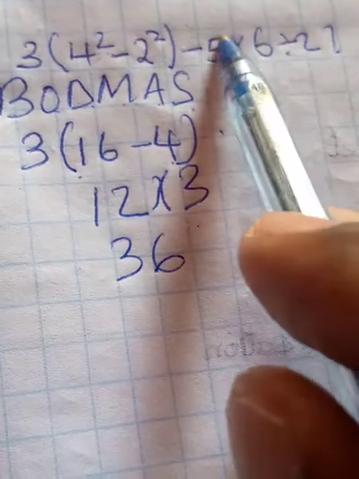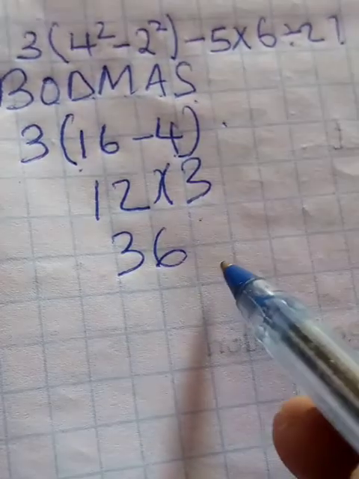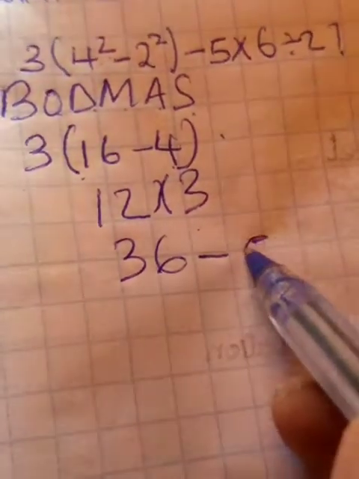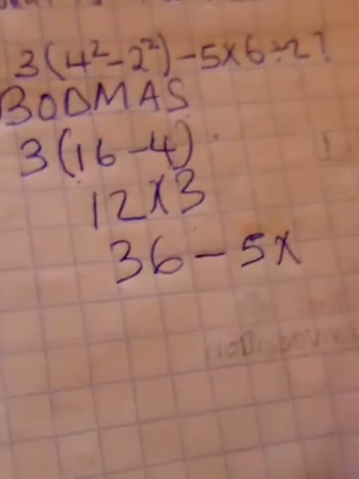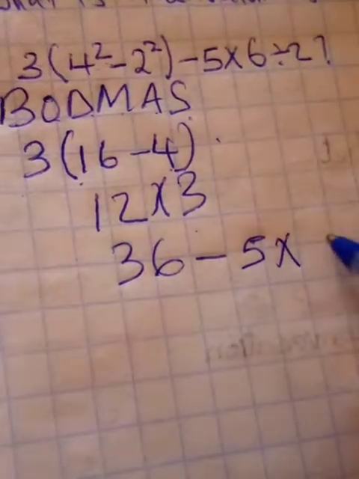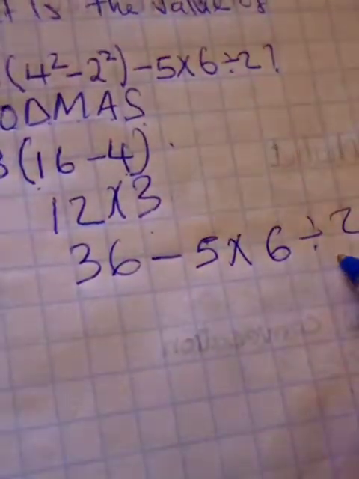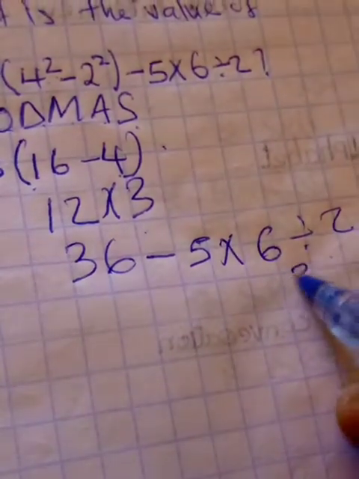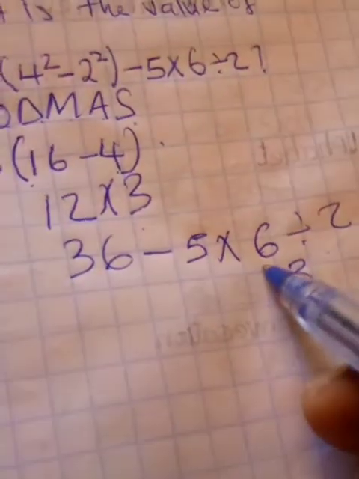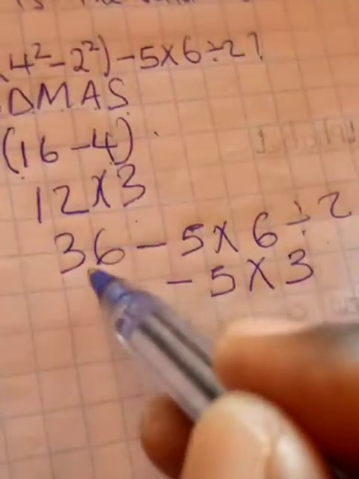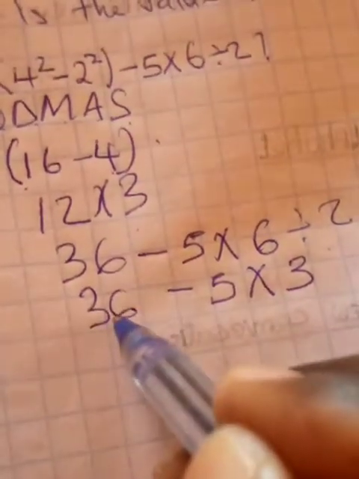So if we pull this one down, we want 36 minus 5 times 6 divided by 2. So we go to division. 6 divided by 2 is 3, times 5, and there we have 36.